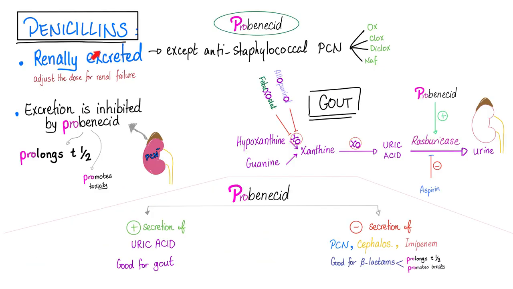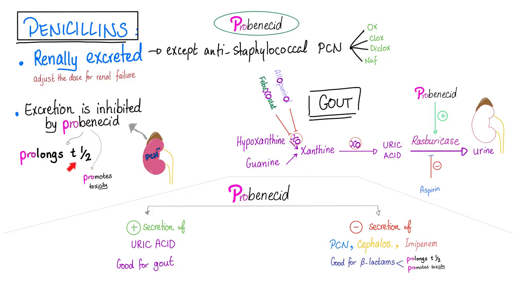Sure. Example, penicillin wants to get excreted in the kidney and secreted in the kidney, but it requires a transporter. There is another drug called probenecid, which tampers with the penicillin transporter. Probenecid is going to go and inhibit the transporter of penicillin. Therefore, penicillin is not going to get secreted into the urine.